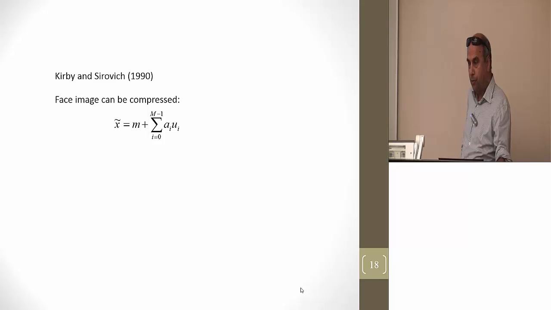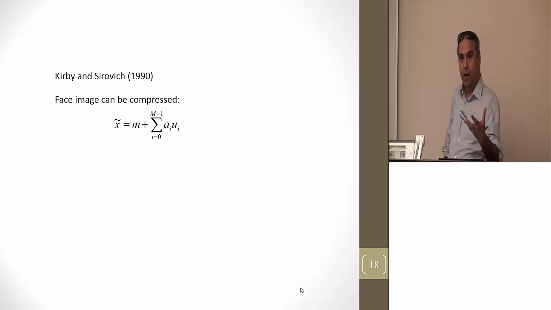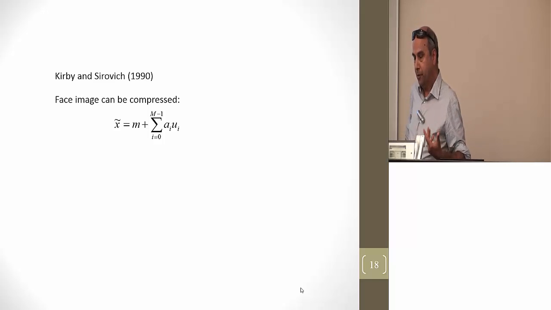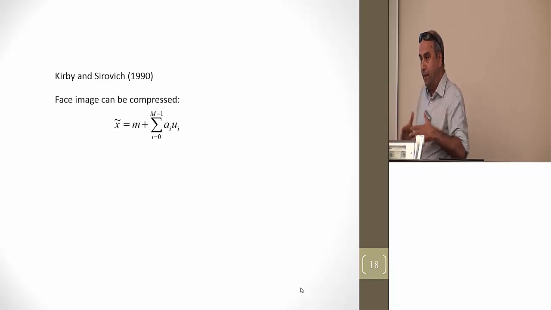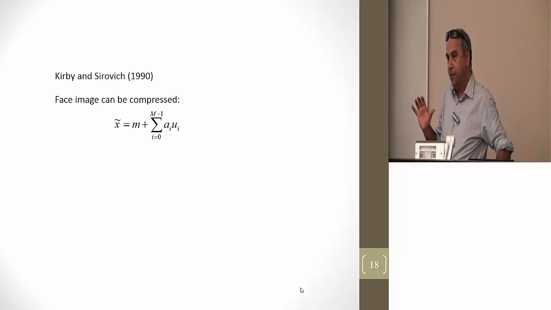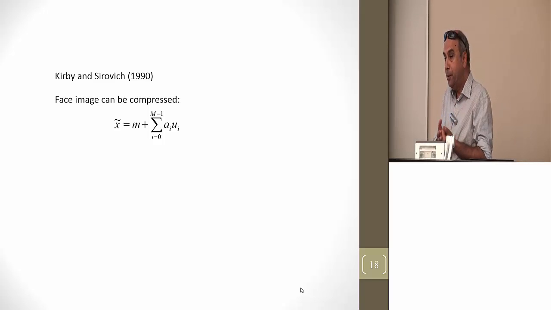Since, as you asked, how can you reconstruct the image from eigenvectors and coefficients? If you can do that, then basically you're doing compression. What will happen is you find the bases first, and bases are fixed, then to compress an image you just need 5 numbers if you are using 5 eigenvectors. Those 5 coefficients, you multiply by the corresponding eigenvectors, sum them up, and you get the image back.